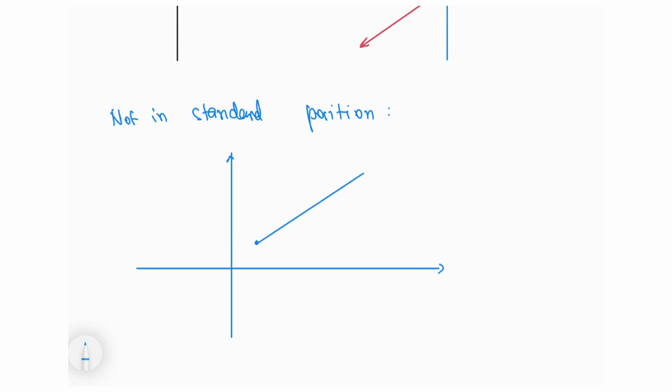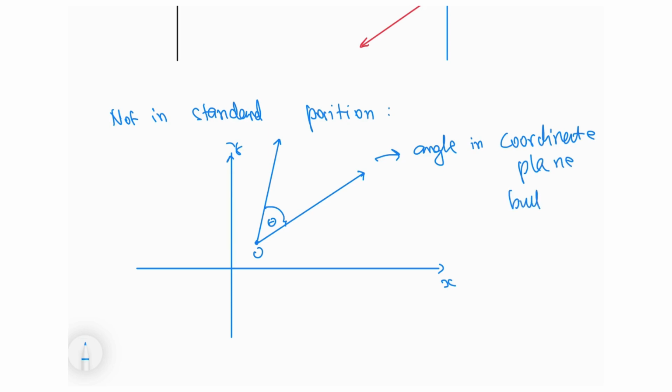Here neither of these conditions is fulfilled. So this is x, this is y. This is an angle in the coordinate plane, but not in standard position.